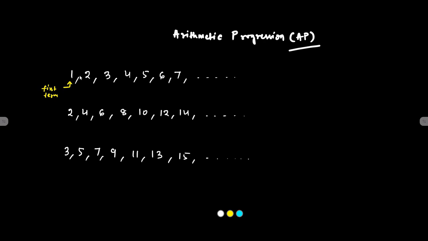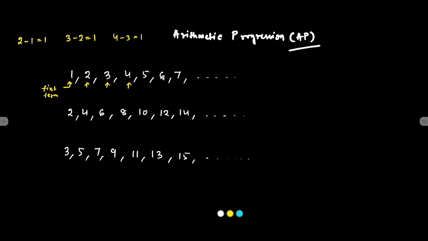For example, the difference 2 minus 1 is equal to 1. Then here 3 minus 2 is equal to 1. Then here 4 minus 3 is equal to 1. Each term differs from its preceding term by 1.